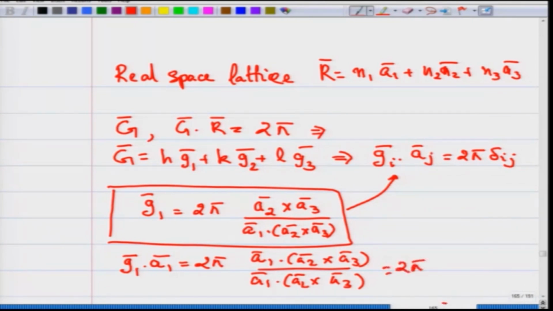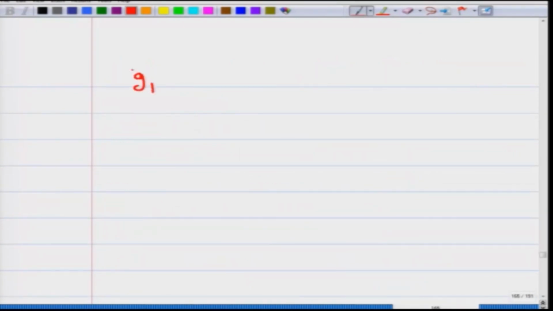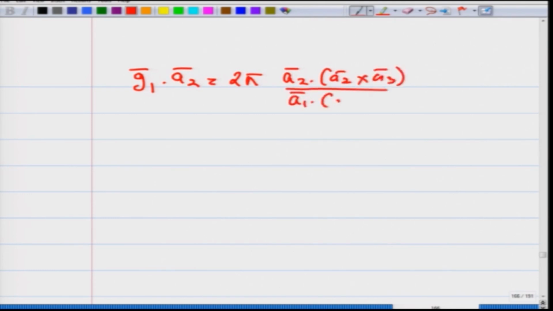This is nothing else but 2 pi. You can show similarly that G1 dot A2 is 2 pi A2 dot A2 cross A3 divided by A1 dot A2 cross A3. This is 0 because A2 is perpendicular to A2 cross A3, so this dot product has to be 0, and similarly G1 dot A3 is equal to 0.